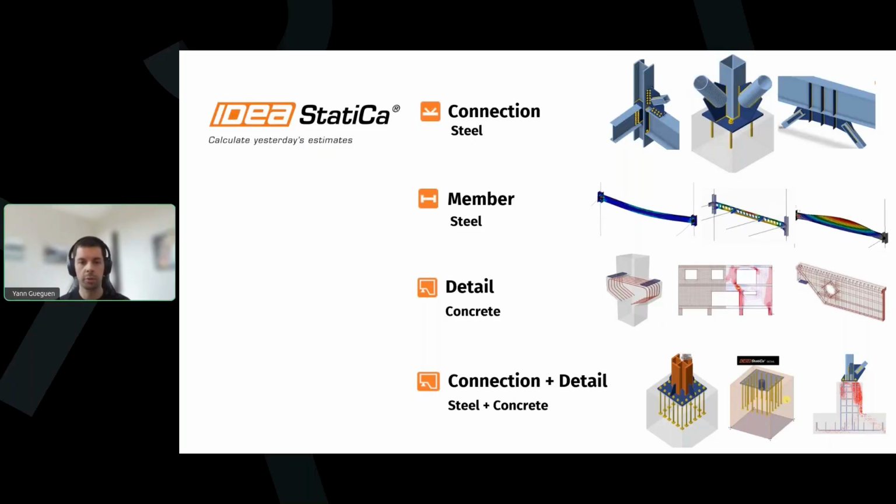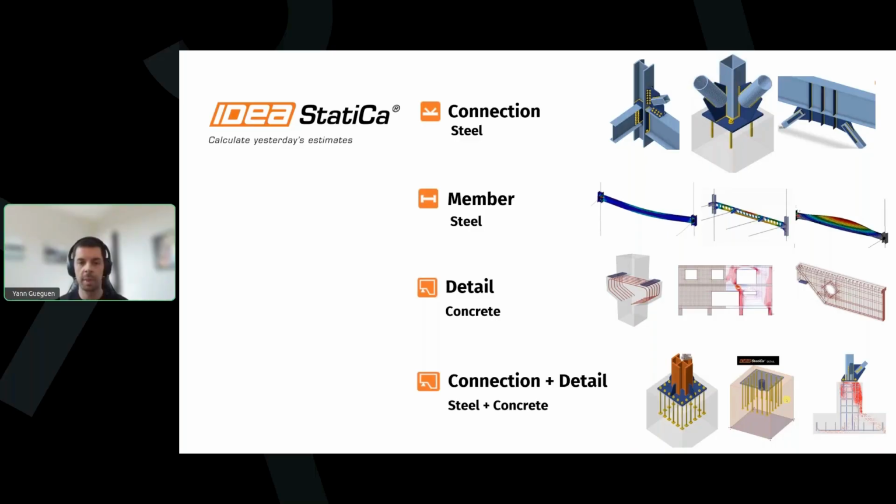Quick introduction to IDEA StatiCa for those of you who are new to the software. We have 2 main modules, the steel module and the concrete module. We'll start with the steel. The main application is the connection application that will allow engineers to design and verify even the most complex joints. From bolted to welded connections, this is ideal for all sorts of configurations, moment connections, base plates, and even complex joints with irregular geometries.